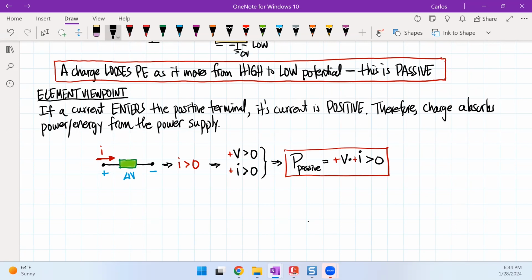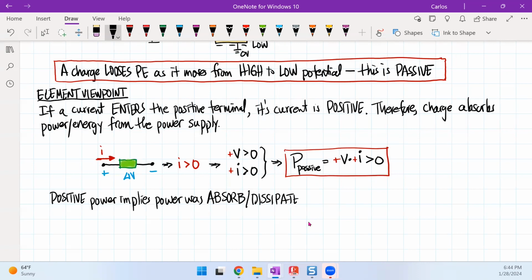So in summary, positive power implies power was absorbed/dissipated by the passive element.